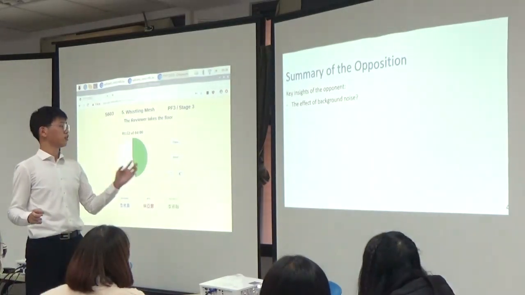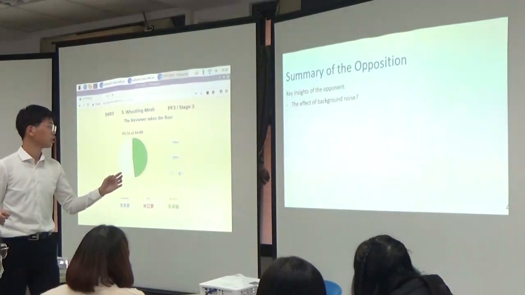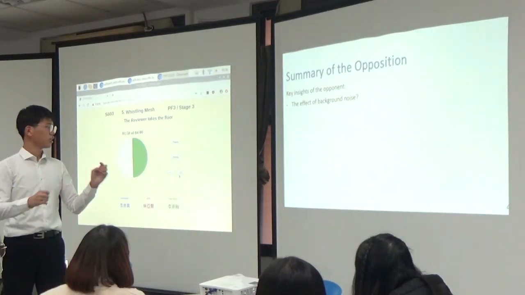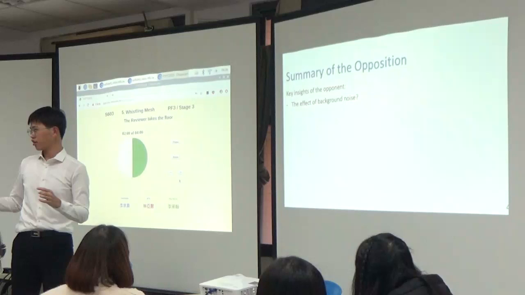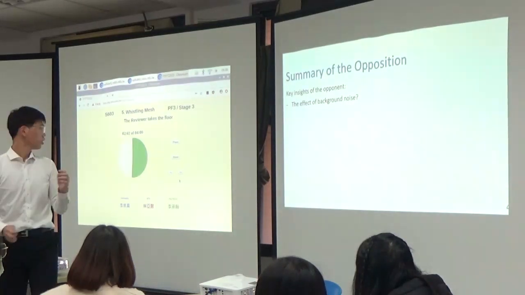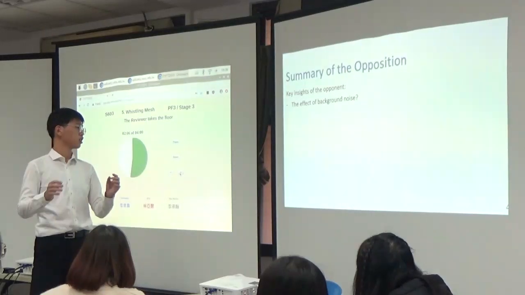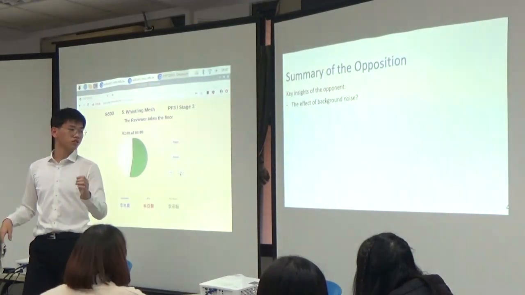So here's the summary of the position. First, the opponent talked about the effect of background noise, and the reporter said that they recorded a sound which contains only the background noise.